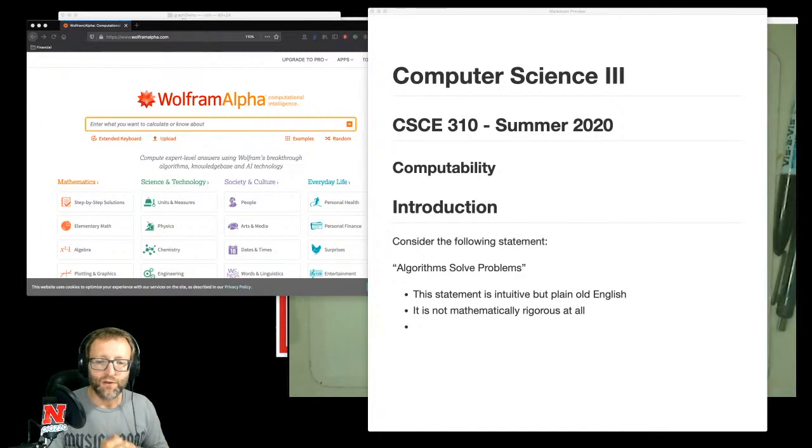To start answering those questions, we need a much more rigorous foundation than just a bunch of dictionary words, right? These all have plain dictionary definitions. The statement above is a dictionary definition of each word.